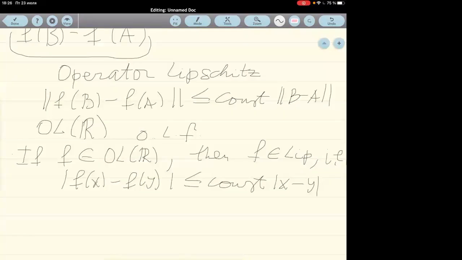Okay, for many years, it was unknown whether the converse is true. And it turned out that the converse is false.